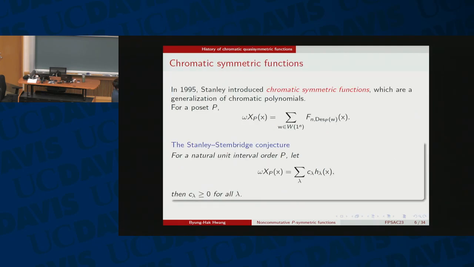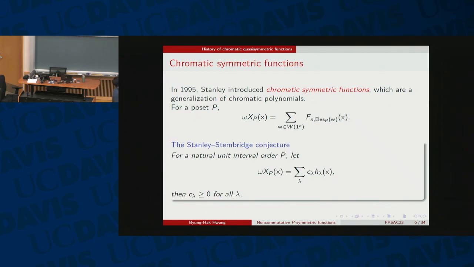In 1995, Stanley introduced the chromatic symmetric function, which is a generalization of chromatic polynomials. The original definition is not this, but we adopt this equation as the definition of the chromatic symmetric function.